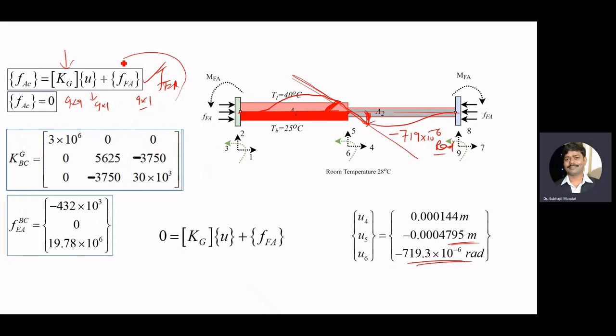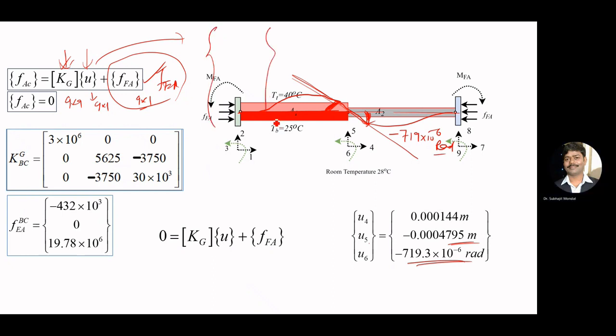We know the value of the fixed end action force. We know the value of the global stiffness matrix. We know the value of U, that means U4, U5, U6. So here our U will be of size 9 cross 1, with U4, U5, U6, 0, 0, 0 and the rest 0. Okay, 9 cross 1. U will be like this.